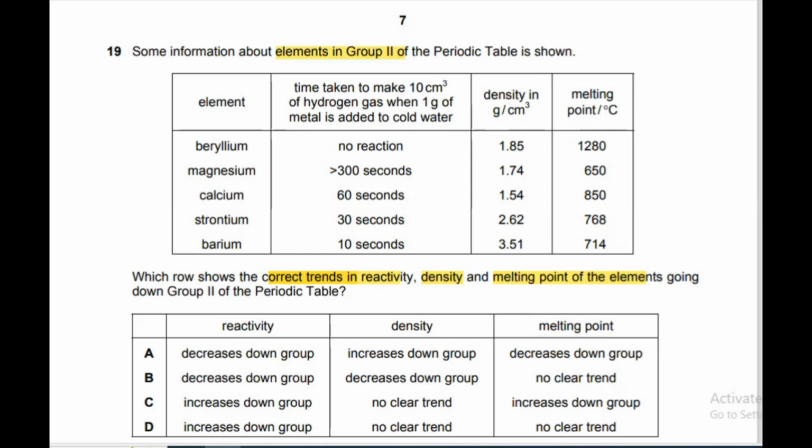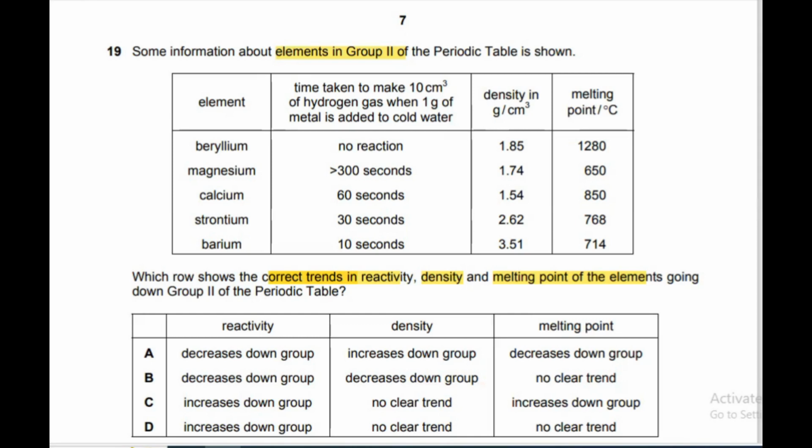Which row shows the correct trends in the reactivity, density, and melting point? The metal, when added to cold water, will give metal hydroxide and hydrogen gas.